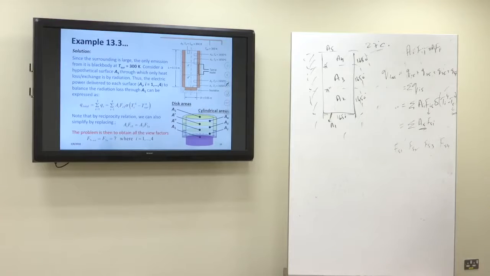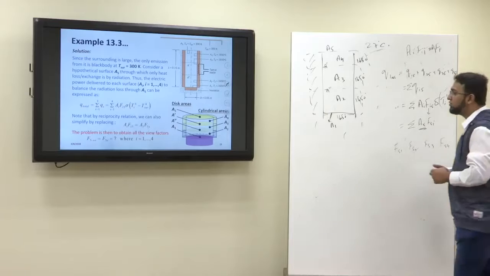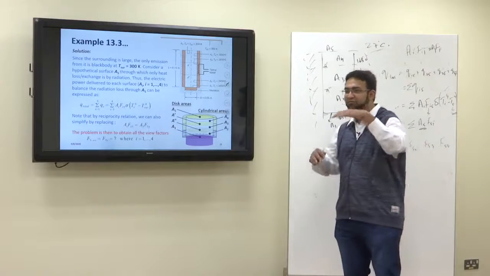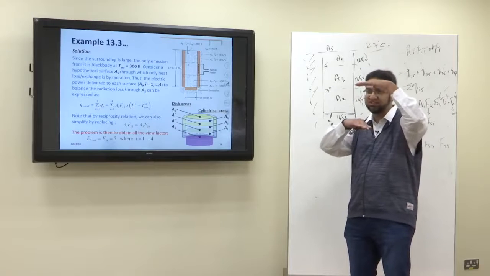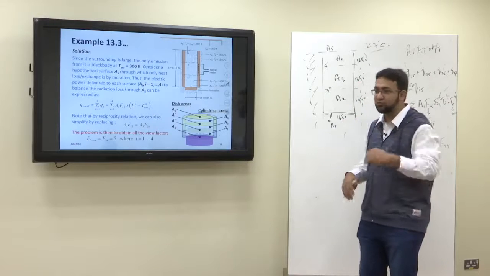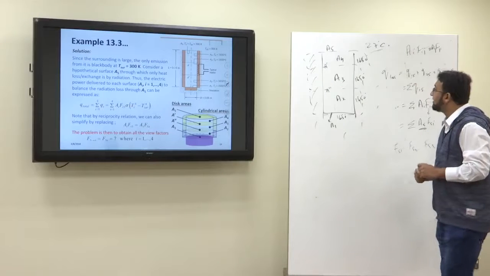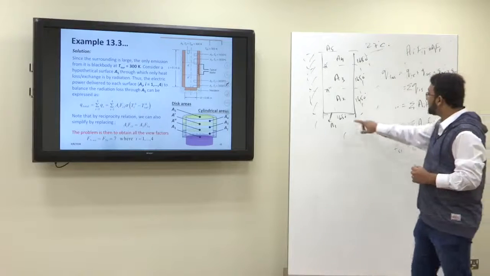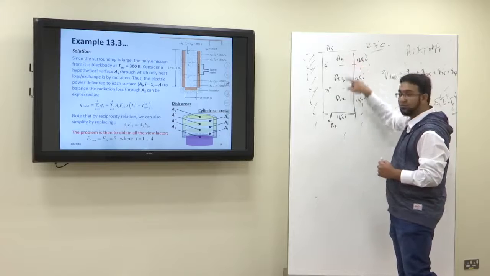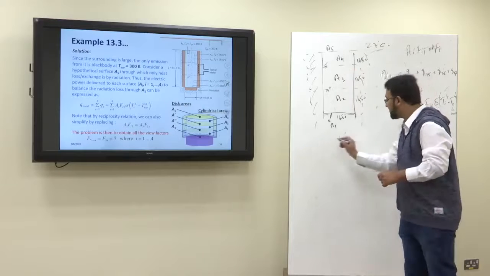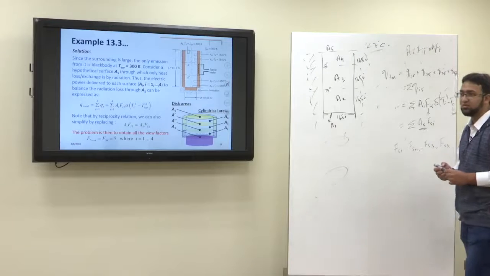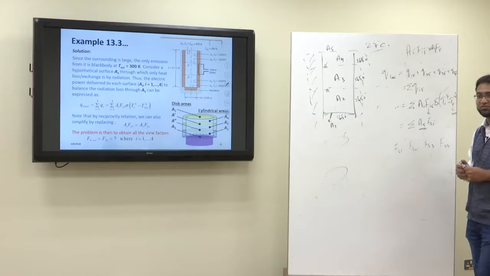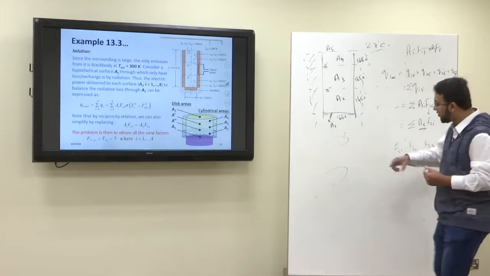So now this is a case where you can use, like we did last time for two coaxial cylinders, for two coaxial circles. So A1 to 5 or 5 to 1. It's like basically two circular surfaces, and they are coaxial.